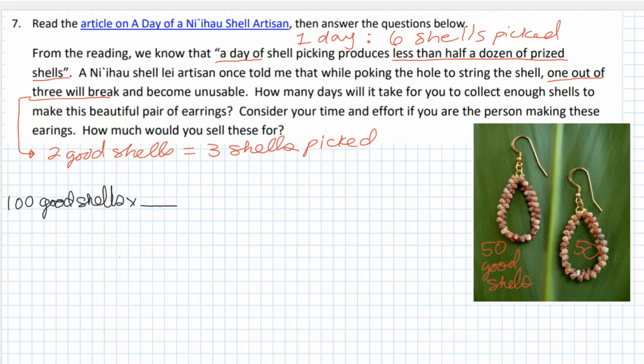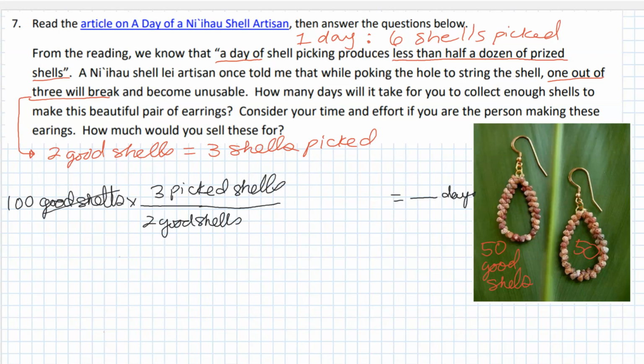And then I need to go ahead and the question said how many days. So I would have to end in blank days, right? So here we would say 2 good shells in 3 picked shells, right?